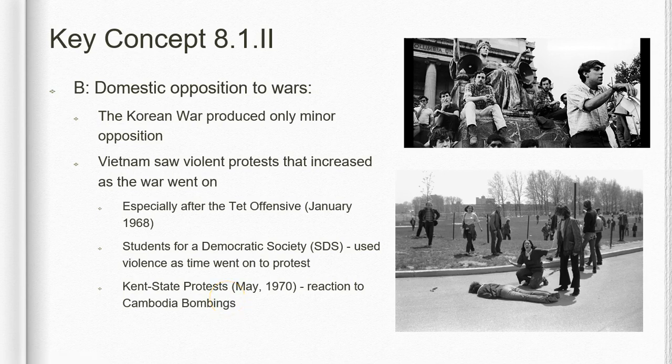This is the stuff that a lot of people from this generation remember about the Vietnam War, and this is one of the reasons why the Vietnam War has such a troublesome and problematic legacy in our country. There's so much pain around Vietnam, not just the war itself and for the veterans who had to experience this horrible war, but also for the people at home who saw this nation that had been so unified during World War II ripped apart by a war afterwards.